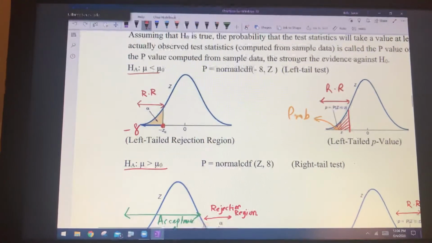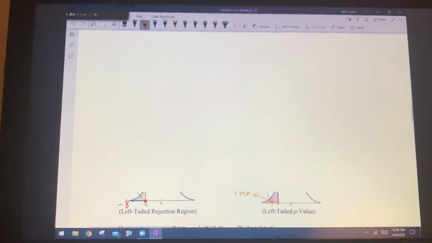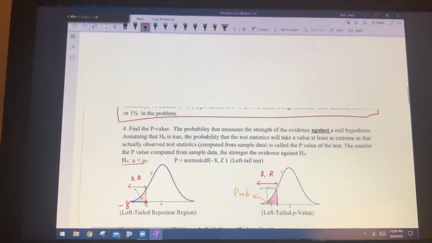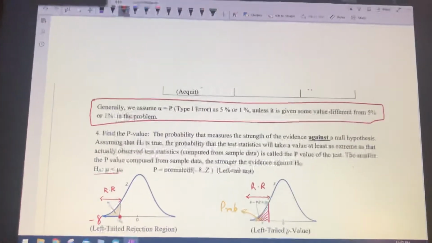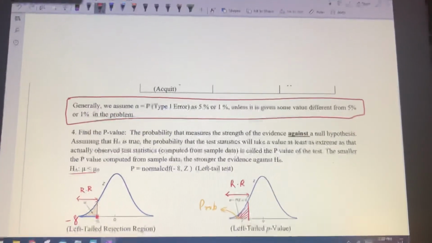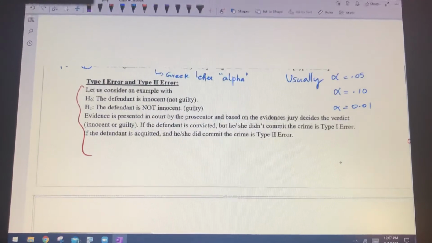Alright. So now let's come back to what is the type 1 and type 2 error. The type 1 and the type 2 error concept is very important. I have a tiny example here, and this example will help you to understand.